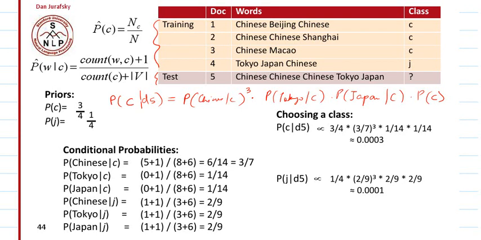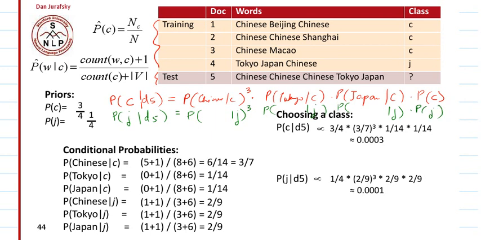Similarly we can have P of class J given D5. We will just replace C by J everywhere in the same formula, the same parameters given J, and we will multiply with the prior of J, right?